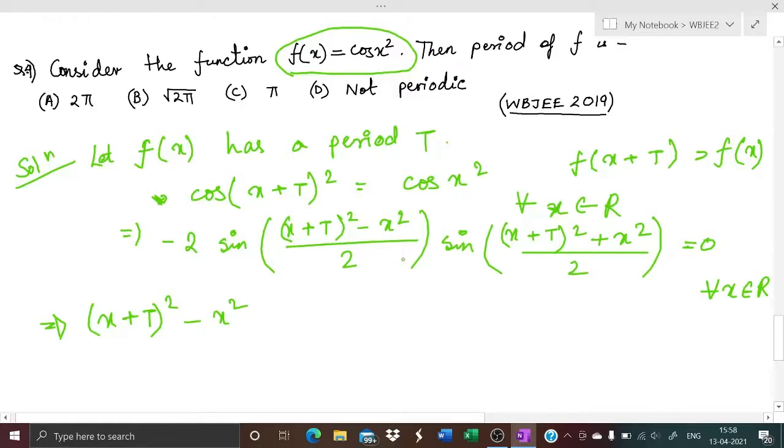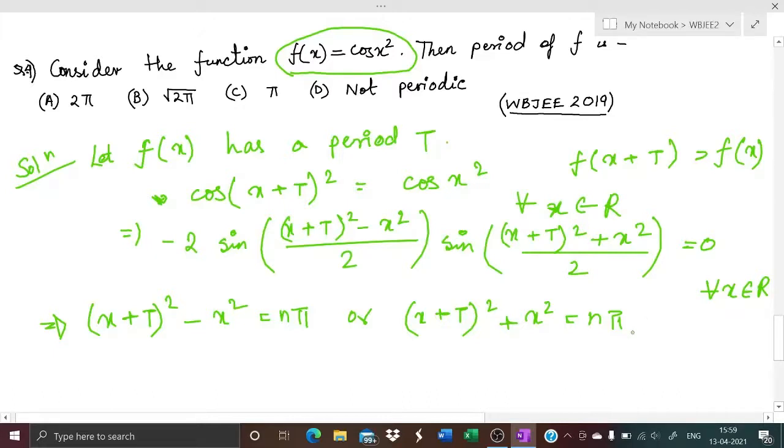If sine is 0, then the angle can be n pi, any multiple of pi. So this would be equal to n pi, or the other term, (x plus T) whole square plus x square, equals n pi, where n can be any integer.